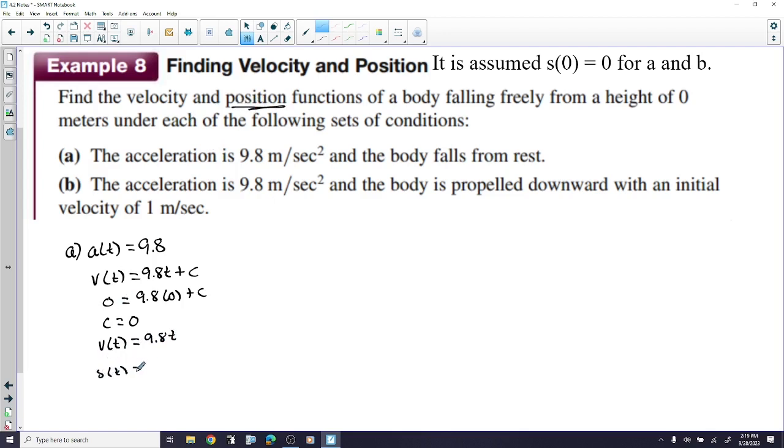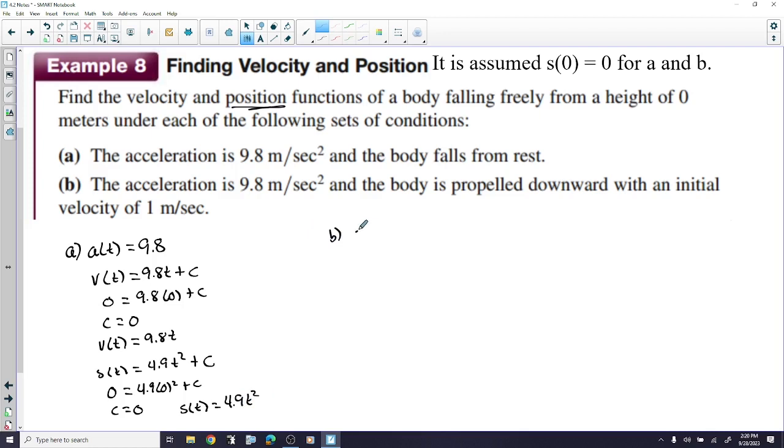So now s of t is equal to 4.9 t squared, because 2 times 4.9 gives you 9.8, plus c. But it's assumed that the position is 0 at time 0. So that's equal to 4.9 times 0 squared plus c. So c is equal to 0. So the position function is 4.9 t squared plus 0.